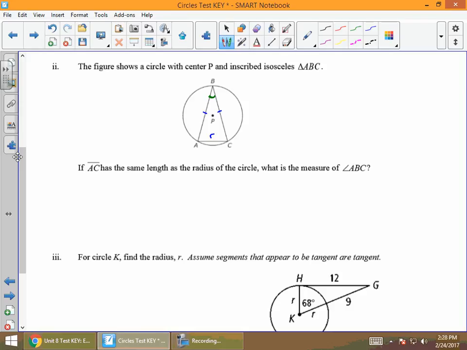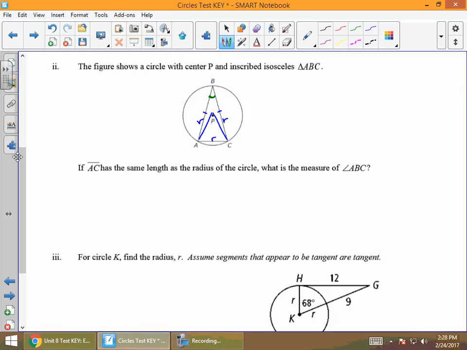All right. So this one was a little tricky because the first thing I want to do is put in two radii. I'm going to connect P to A with a radius, and I'm going to connect P to C with a radius. So they're all radius, radius, radius. That makes this triangle, by definition, an equilateral triangle.